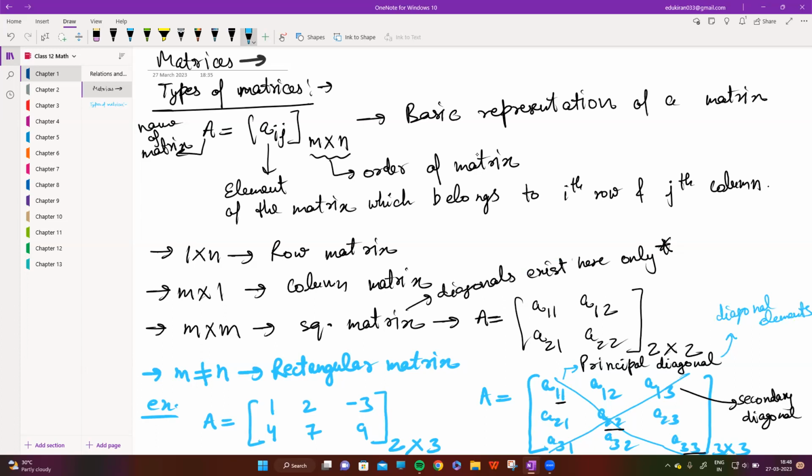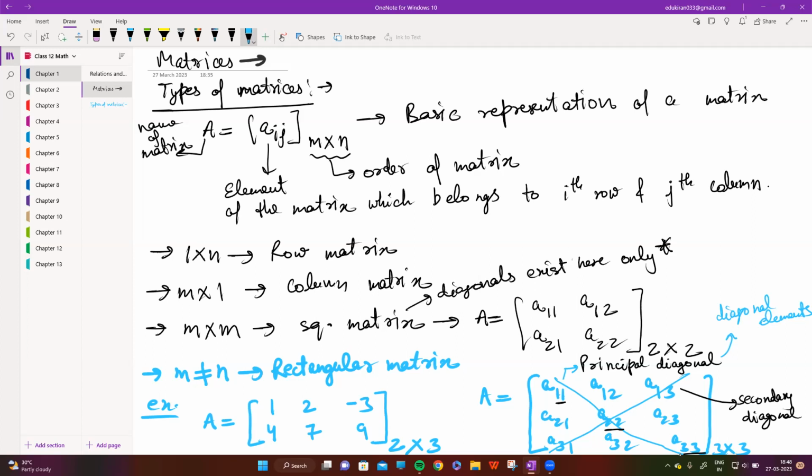So all the elements which belong to the same row and same column, that is 1,1, 2,2, 3,3, 4,4, 5,5. If the order was higher, then A44 or A55 or more can be involved. But all those elements which belong to the same row and same column, or rather, you can also say that all the elements which lie on the principal diagonal are known as diagonal elements.